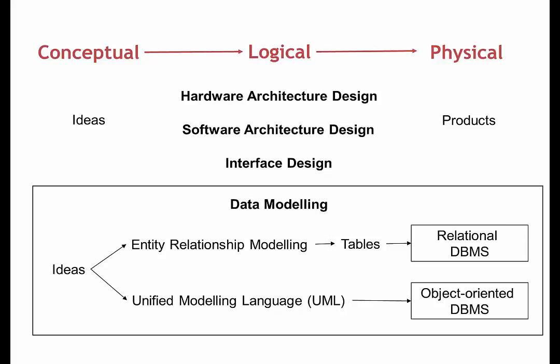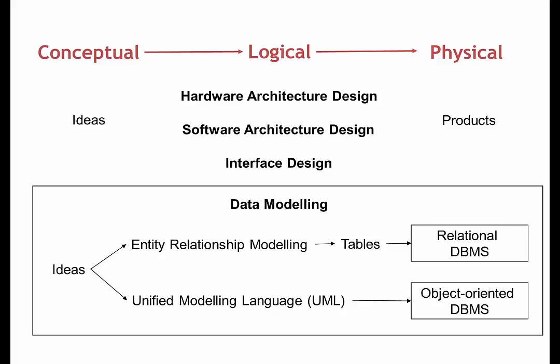Here we're concentrating on the data modeling component, which is turning your ideas into either a relational database or possibly an object database. This is the path we're going to travel from our ideas.